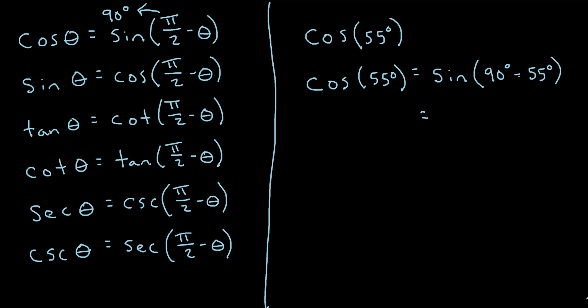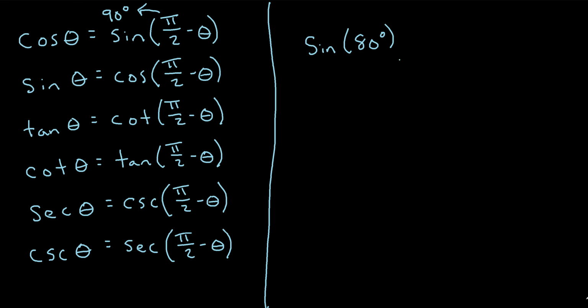So 90 minus 55, that's 35. So the cosine of 55 degrees is equal to the sine of 35 degrees. That's how we could rewrite the cosine of 55 degrees using a cofunction identity.